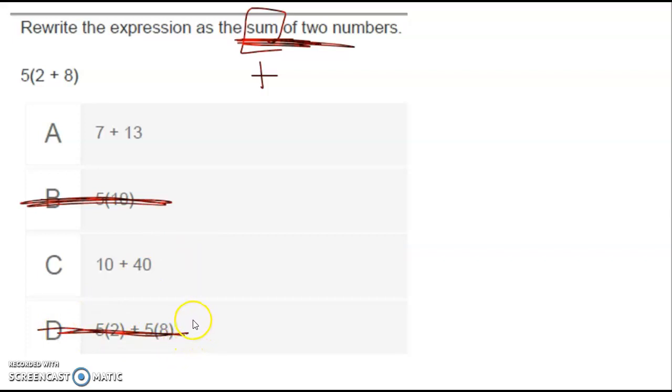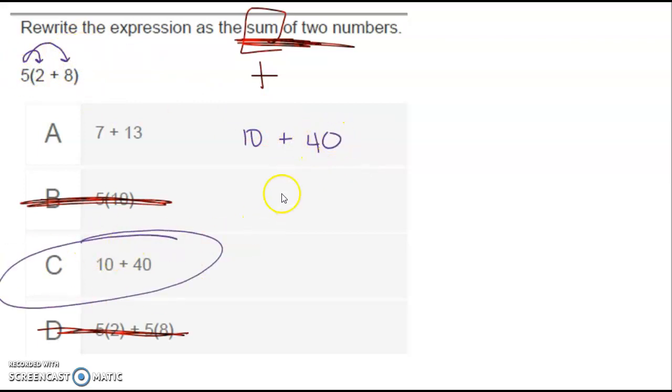So cool, we're halfway there. With the distributive property, all that means is that we need to take this 5 and distribute it to everything inside our parenthesis. So we'll do 5 times 2, which is 10, carry over our cute little plus sign, and then we have 5 times 8, which is 40. So we just did the sum of two numbers.